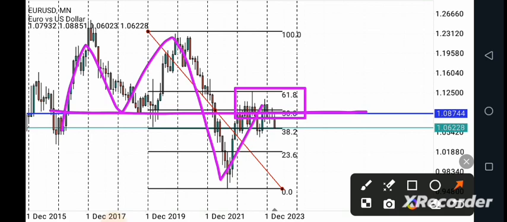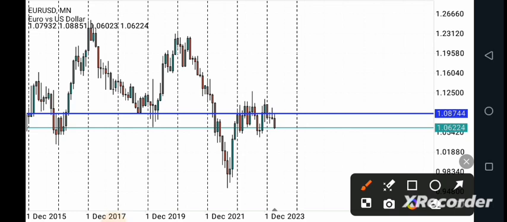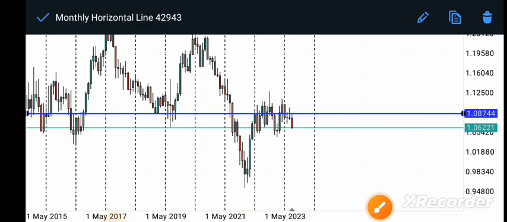And this tells us that chances are we're going to see the market from where it is move all the way down to around this level, just based on this monthly chart. So I'm just going to remove this particular neckline for now.